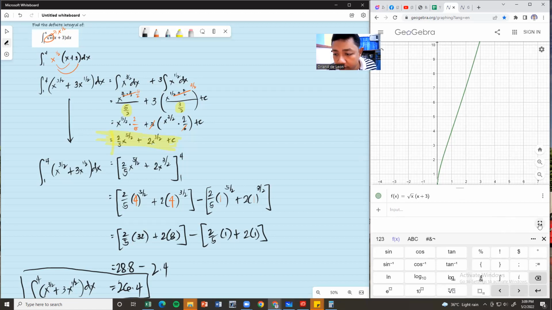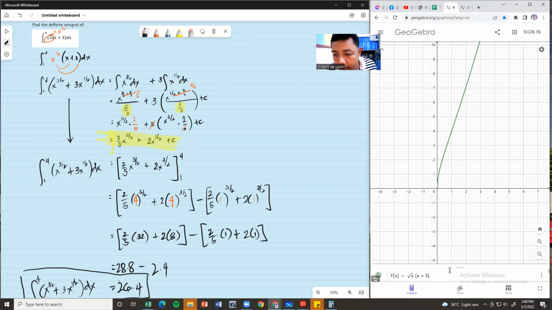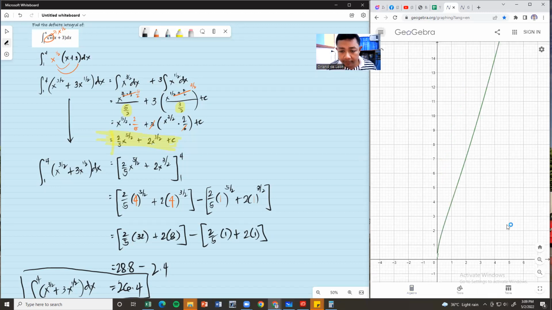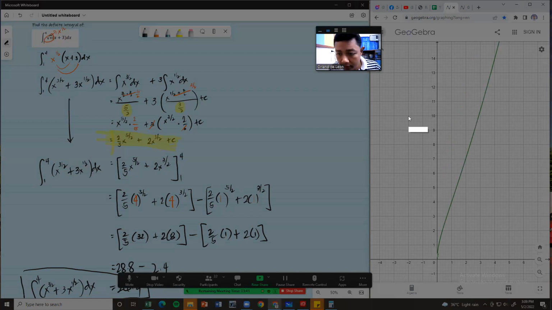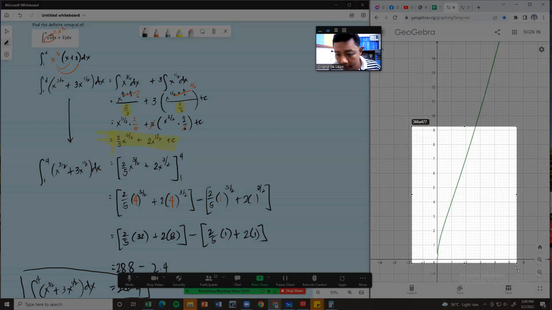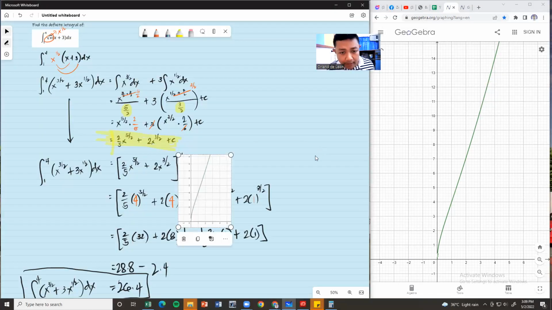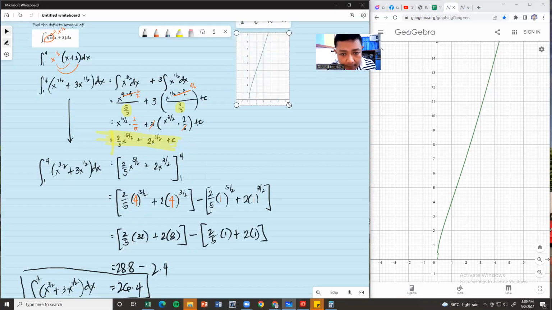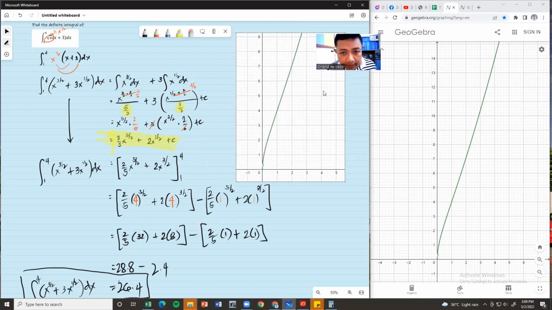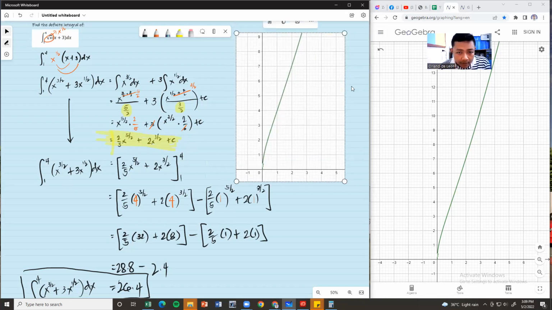That's the curve. So let's just get from 1 to 4. So when we paste it here, that's the curve. I hope you can notice it.